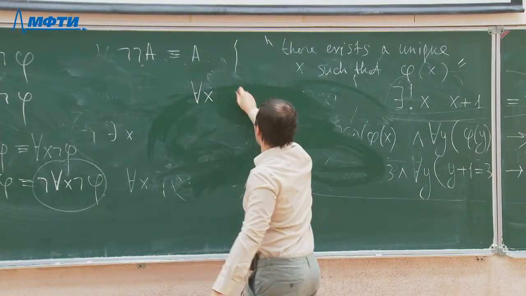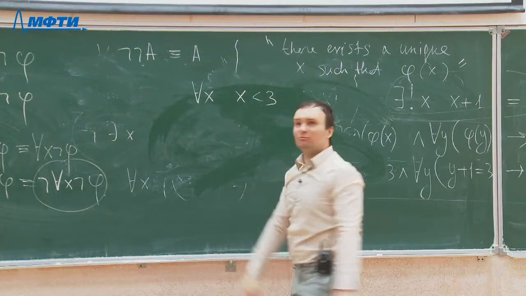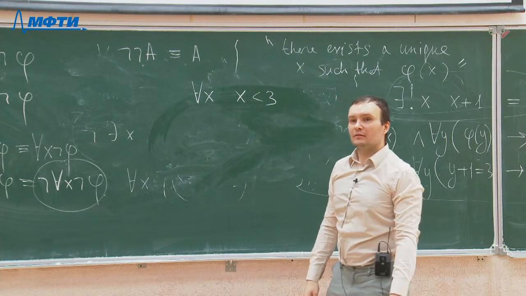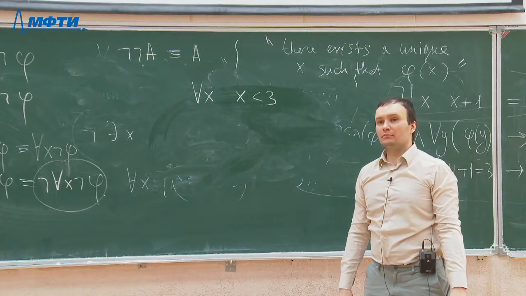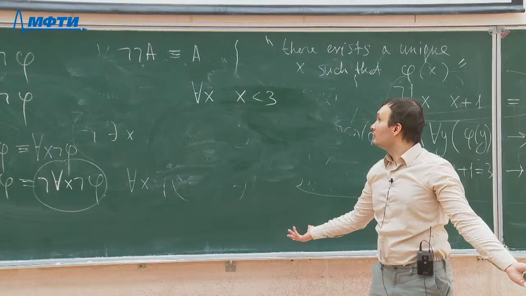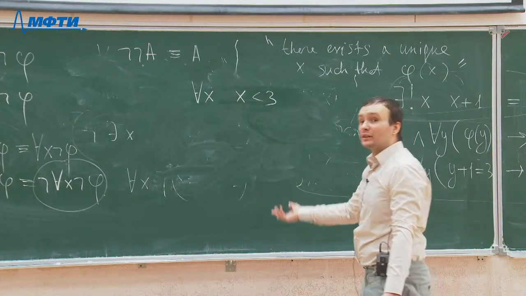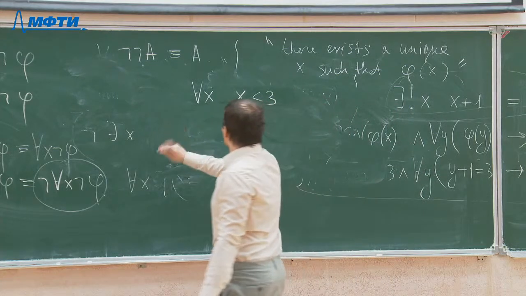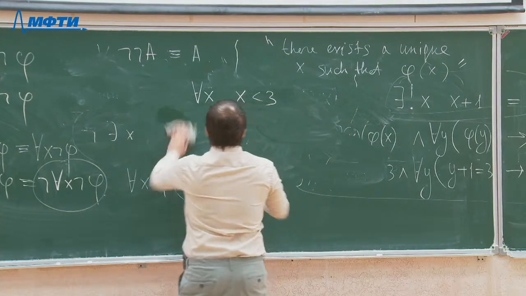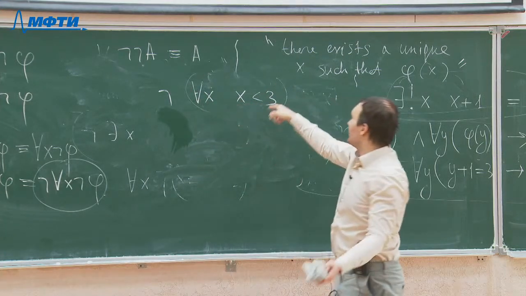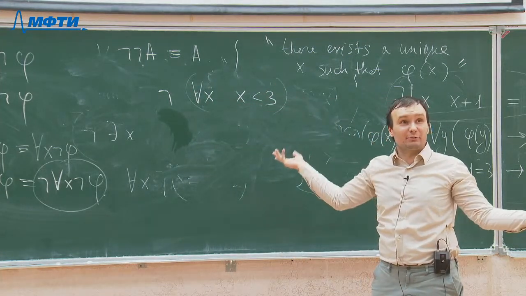Every natural number is less than 3. Is it true or false? It's false. So, what does it mean that it is false? That means that this one, it is not the case that every natural x is less than 3, is true.